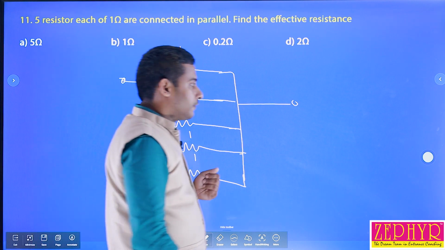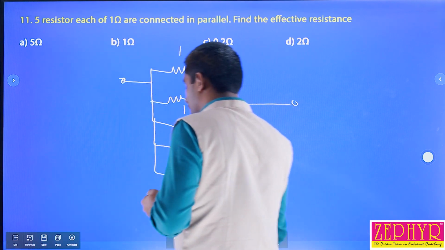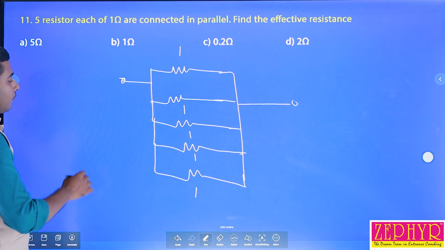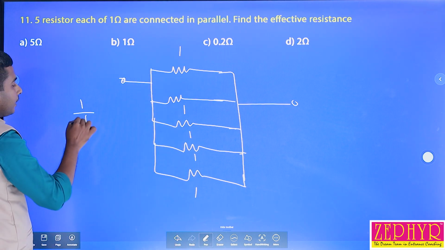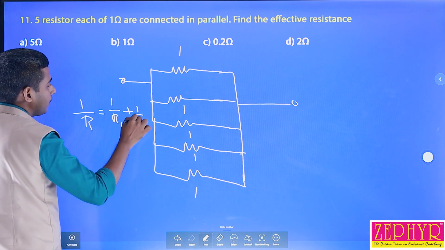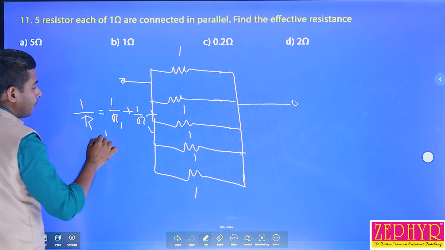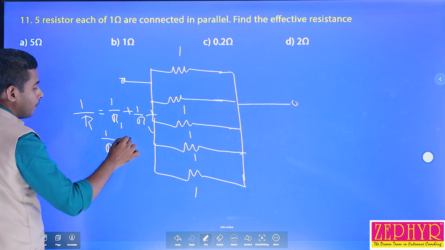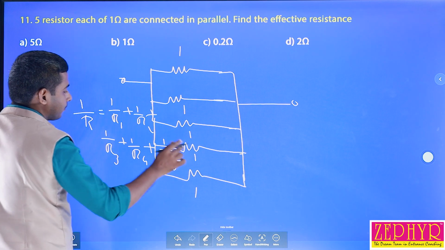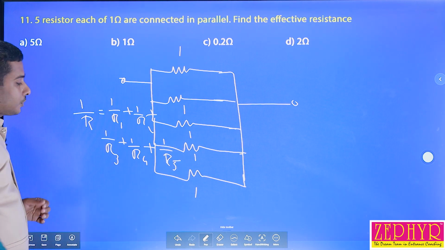Find the effective resistance. So how we can calculate the effective resistance? We have learned 1 by R equal to 1 by R1 plus 1 by R2 plus 1 by R3 plus 1 by R4 plus 1 by R5. This is the equation.